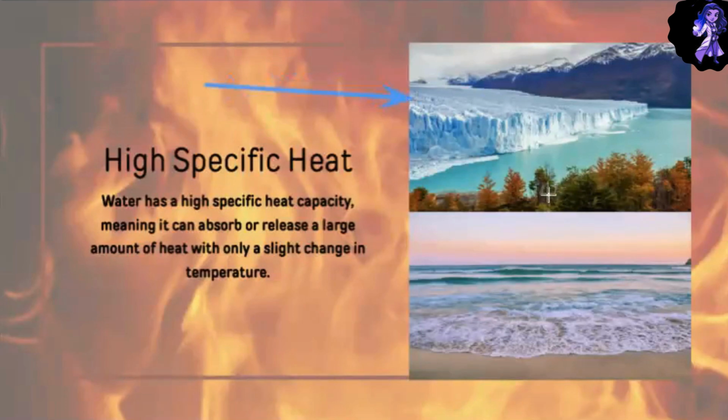A glacier is located in a very cold area, but you can have a glacier, which is water, and then you can also have a lake nearby, which also is water. The reason why both can be simultaneously in the same location is because of specific heat.